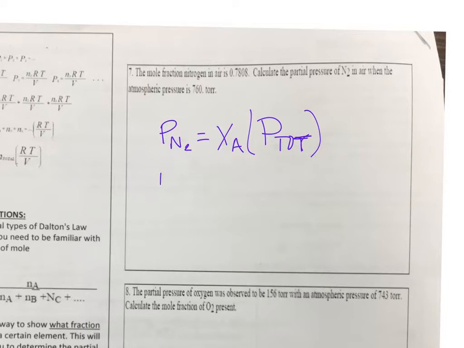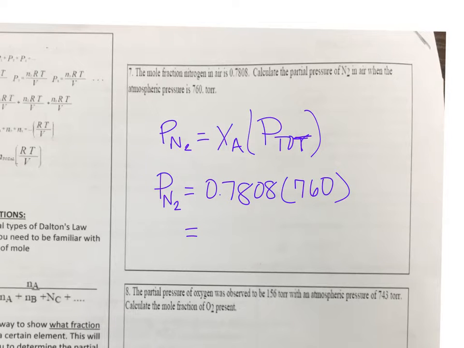So, looking here, I'm just going to say 0.7808, and we're going to multiply it by that 760 torr, and we should be getting 593.